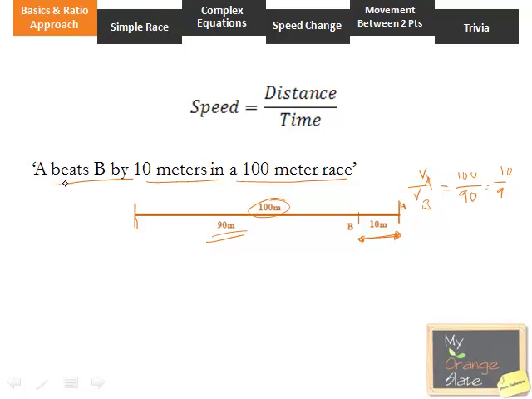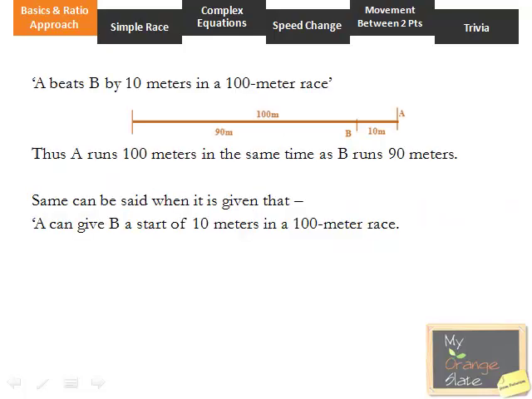The same thing as A beats B by 10 meters in a 100-meter race can also be said as A can give B a start of 10 meters in a 100-meter race. This in turn means if A starts at the starting point, B starts at the 10-meter mark, and still both complete the race at the same time.